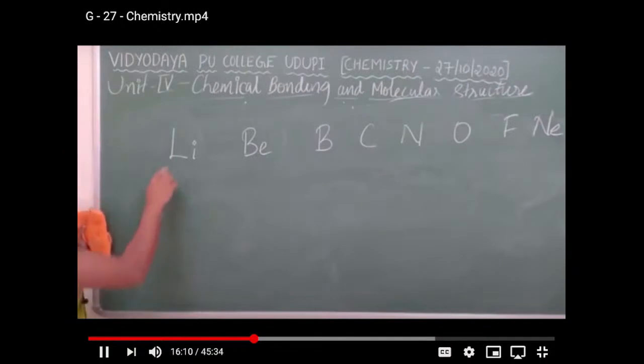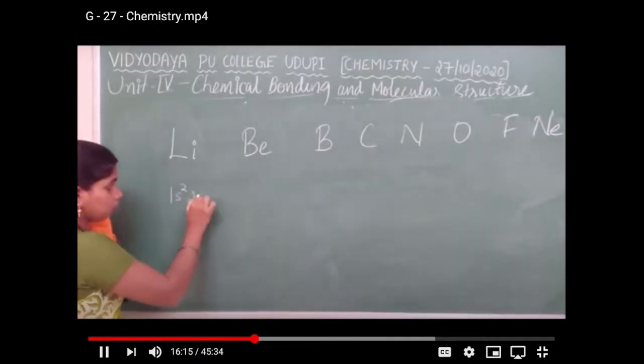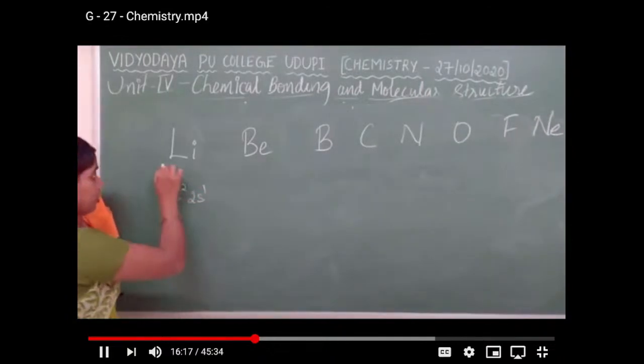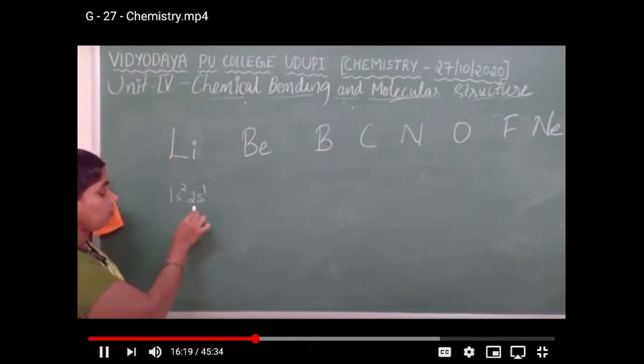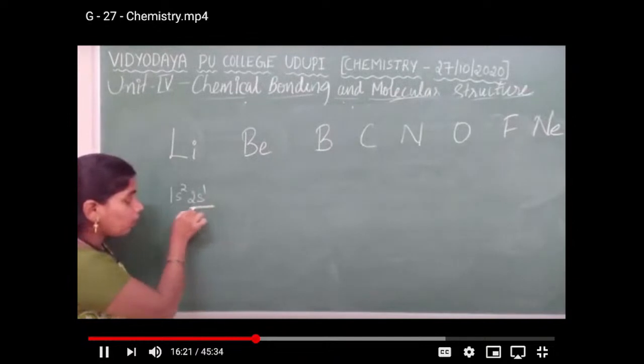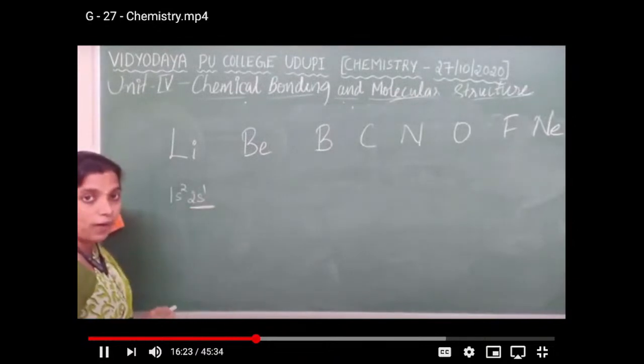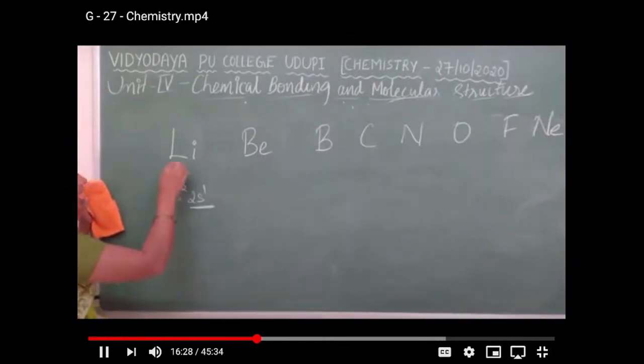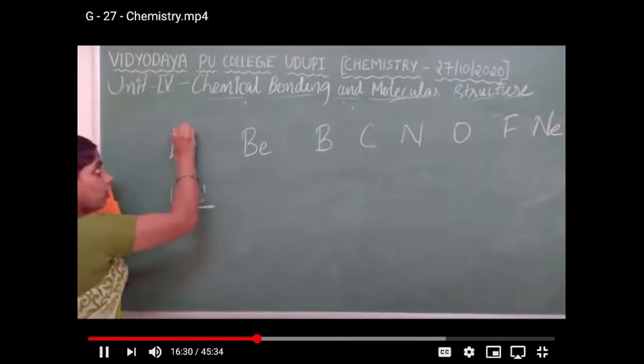Lithium, atomic number 3, electronic configuration 1s2, 2s1. So it has only one outermost shell electron, one valence electron. So the Lewis symbol for lithium is Li and a single dot.